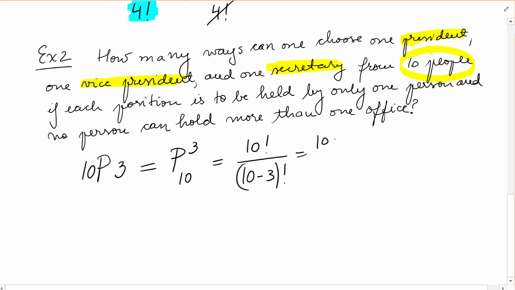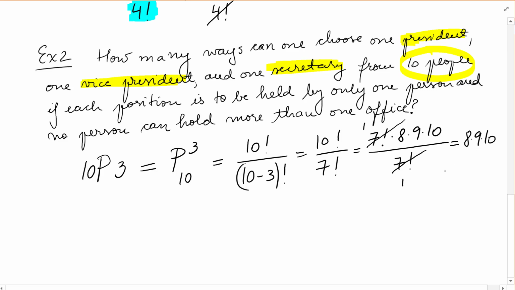So we have 10 factorial over 7 factorial. 10 factorial can be written in terms of 7 factorial as 7 factorial times 8 times 9 times 10, because 7 factorial is the product of all the numbers up to 7. So I need to multiply 8 times 9 times 10 to get 10 factorial over 7 factorial. Now 7 factorial divided by 7 factorial is 1. So we end up with 8 times 9 times 10, which is 720.